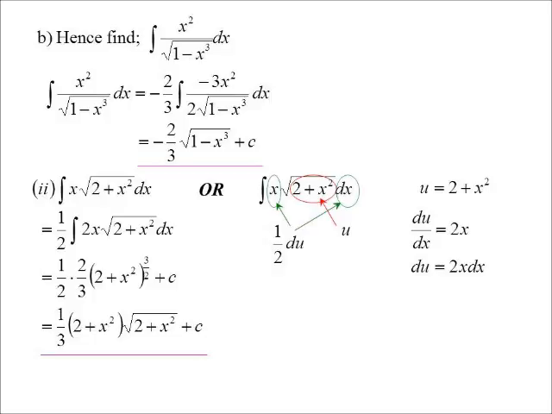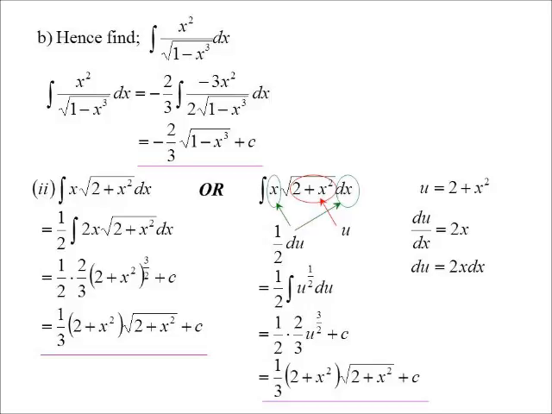So I can change this to be a half u to the power of a half, and then integrate that. That's a very simple one, it's just a single pronumeral. So add 1 to the power, over the power. But of course we don't leave it like that, because the original question didn't have u. We've got to get the x back in there. So subbing back in for u, 2 plus x squared, and we come up with the same answer.